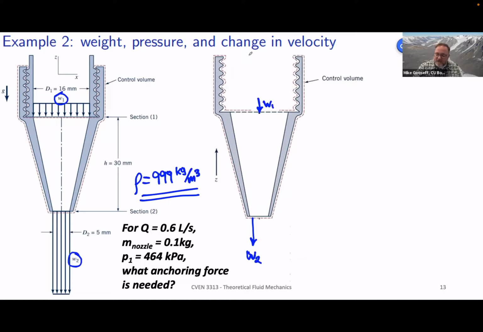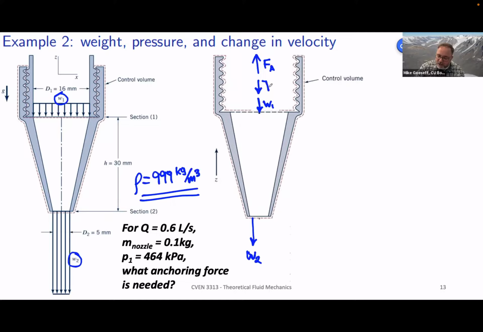We're going to have some anchoring force that we expect to be working in the vertically up direction. So FA acting upwards. I'm drawing these in strange places because I want to demonstrate that they're all vertical, but if I draw them all at the same place, we won't be able to see them. We will also have the weight of the nozzle itself.